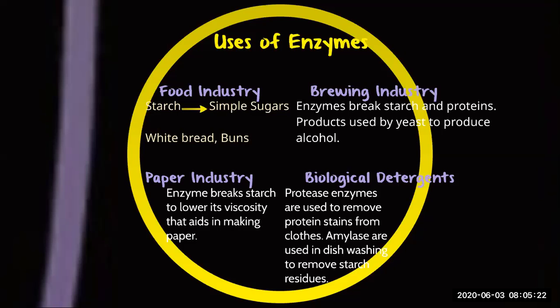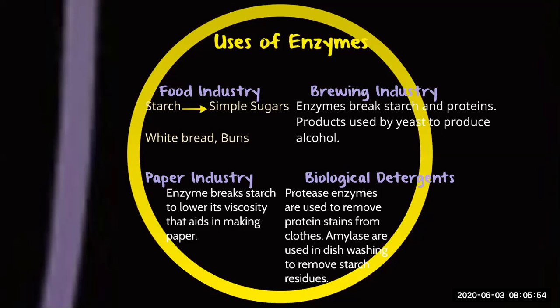Let's talk about biological detergents. I'm sure biological detergents must be expensive because here we are using enzymes to remove protein stains from clothes, and certain enzymes are used in dishwashing to remove starch residues. In normal detergents we mostly use chemicals, but biological detergents must be environment friendly.